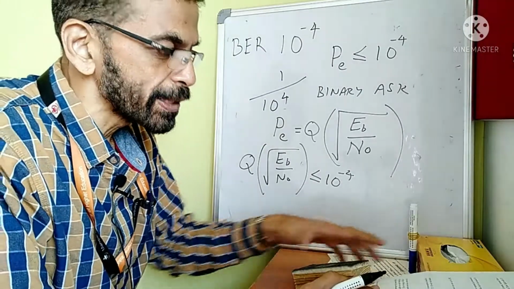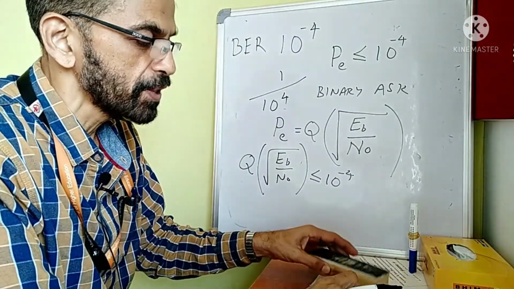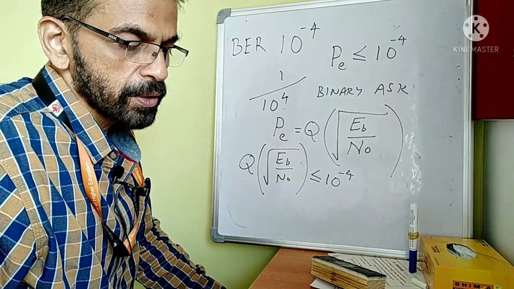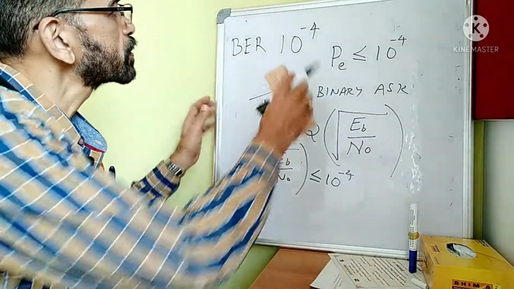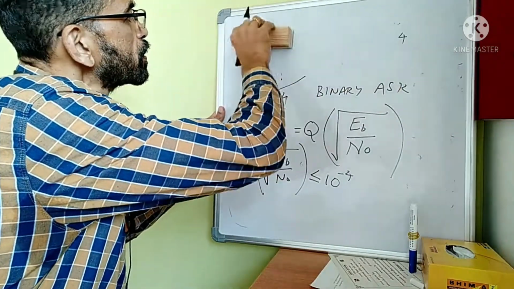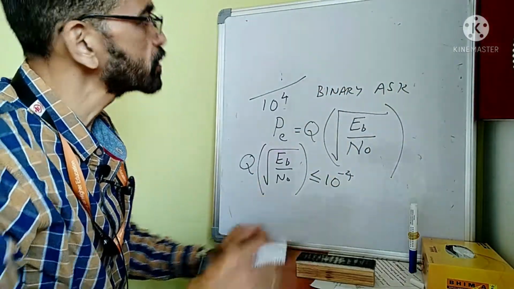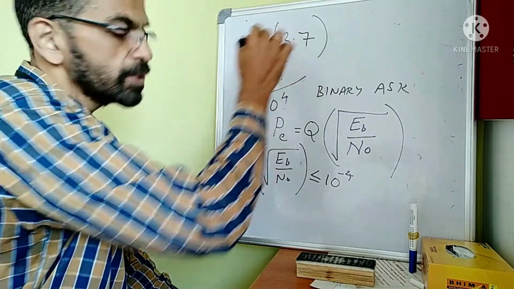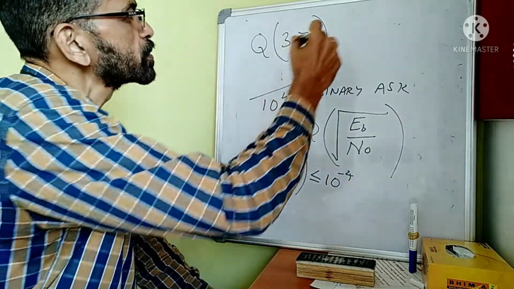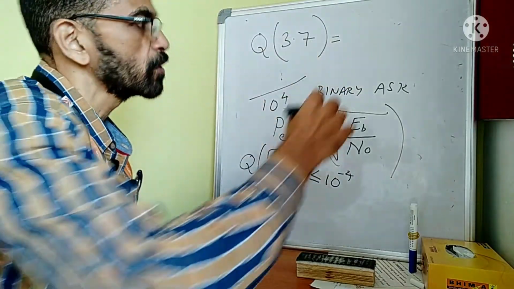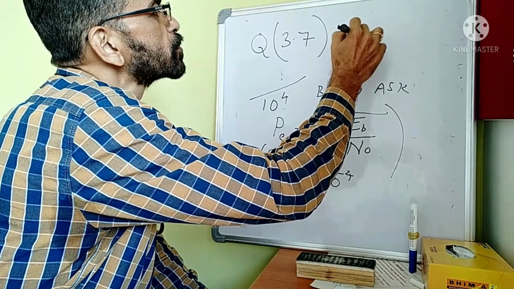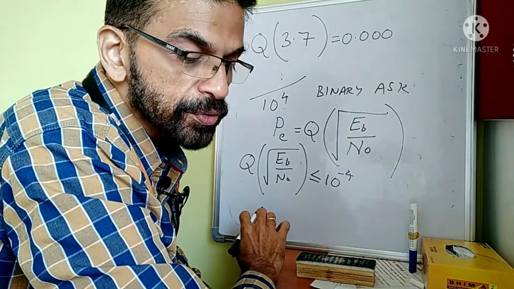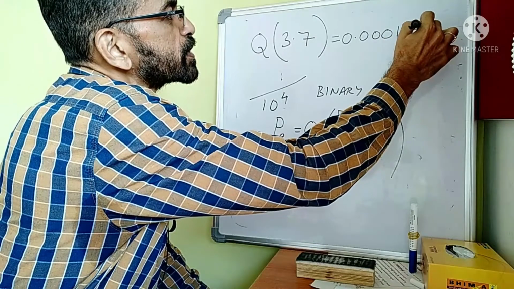Now if you take a look at the Q function table, which is widely available, you can see that Q of 3.7 is equal to, to a certain degree of accuracy, 0.000178.